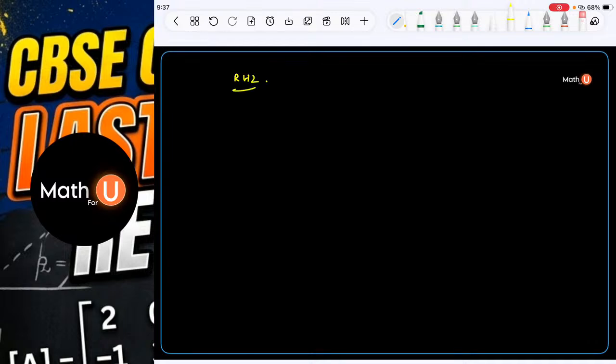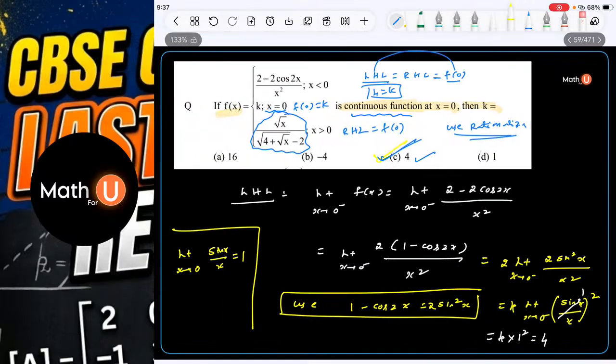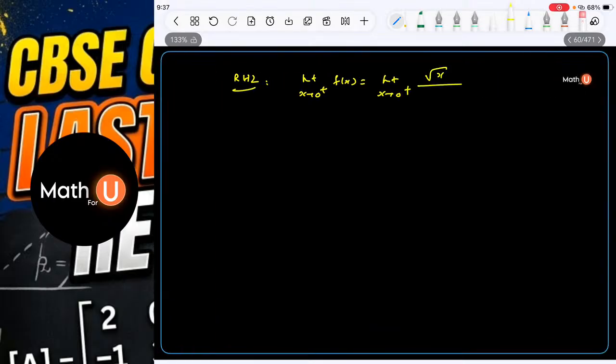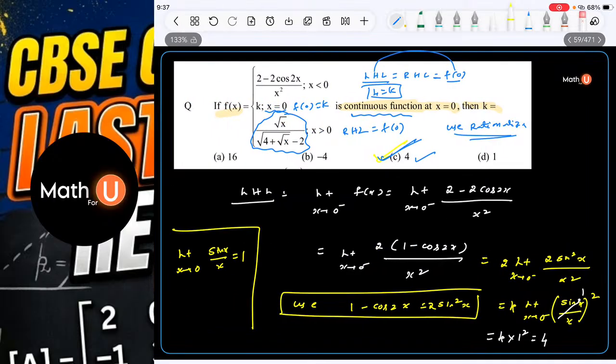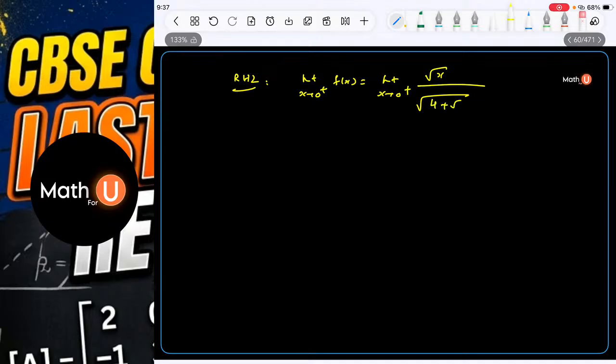Right hand limit, x tends to 0 plus f of x, that is equal to limit x tends to 0 plus, what is the function? Square root of x by square root of 4 plus square root of x minus 2. Whenever square roots are involved, always rationalize the function.